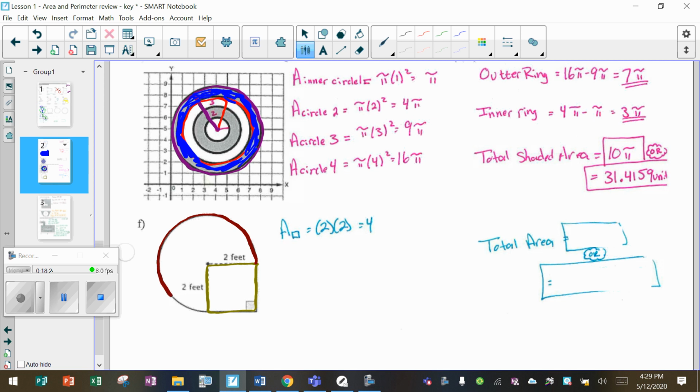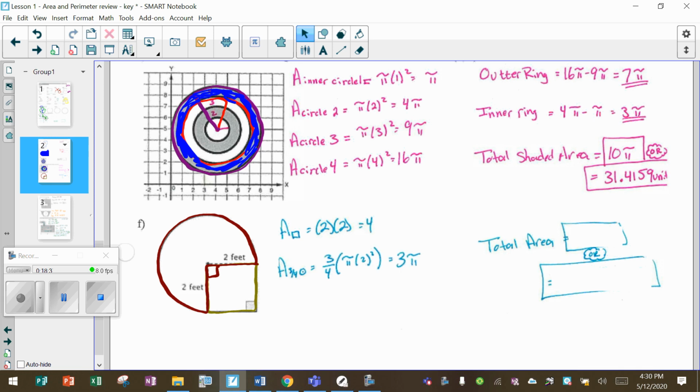How much is it though? Well, if we cut out a 90-degree section, that means the amount that's left is 3/4 of the circle. And then our total area, adds them together, or in decimal form.